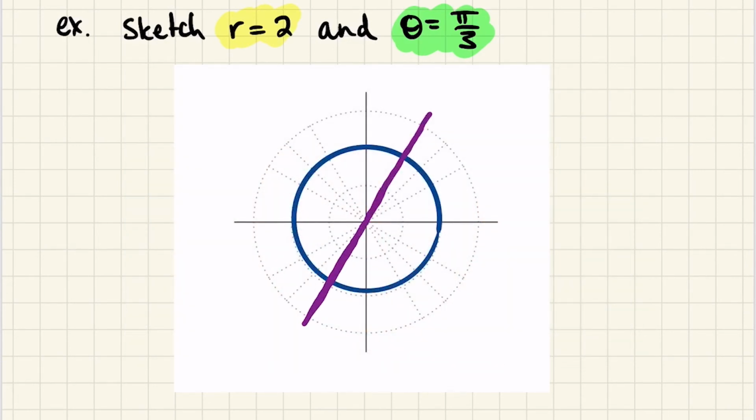Now, of course, that's really 4 pi over 3. But remember, a point right here, for instance, this guy, could be a theta value of pi over 3 and a negative r value. In fact, this one would be negative 3 comma pi over 3. So theta equals an angle is a line through the origin, and r equals a number is just a circle centered at the origin.